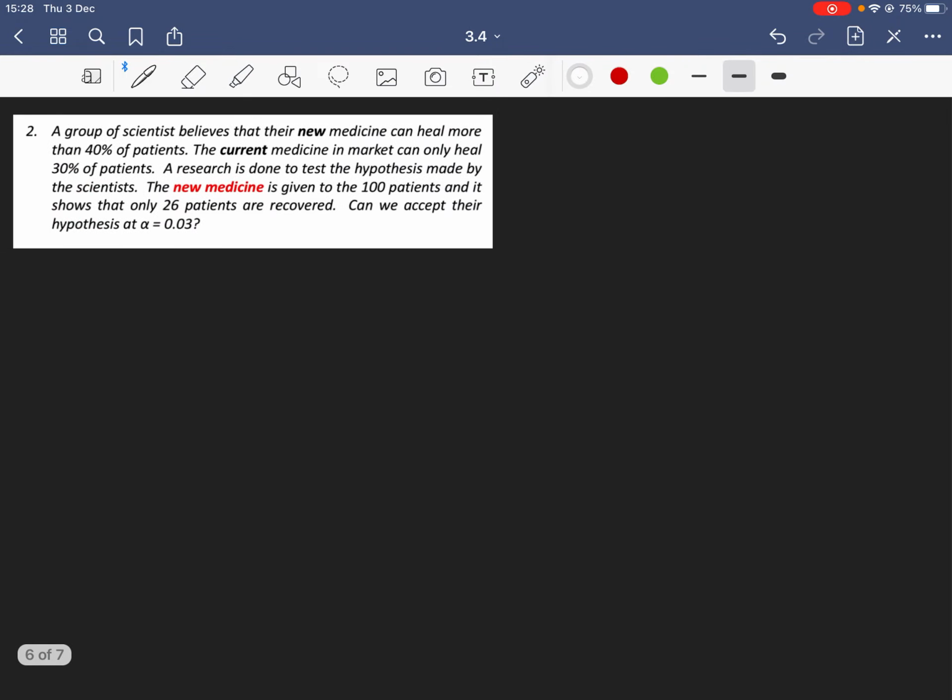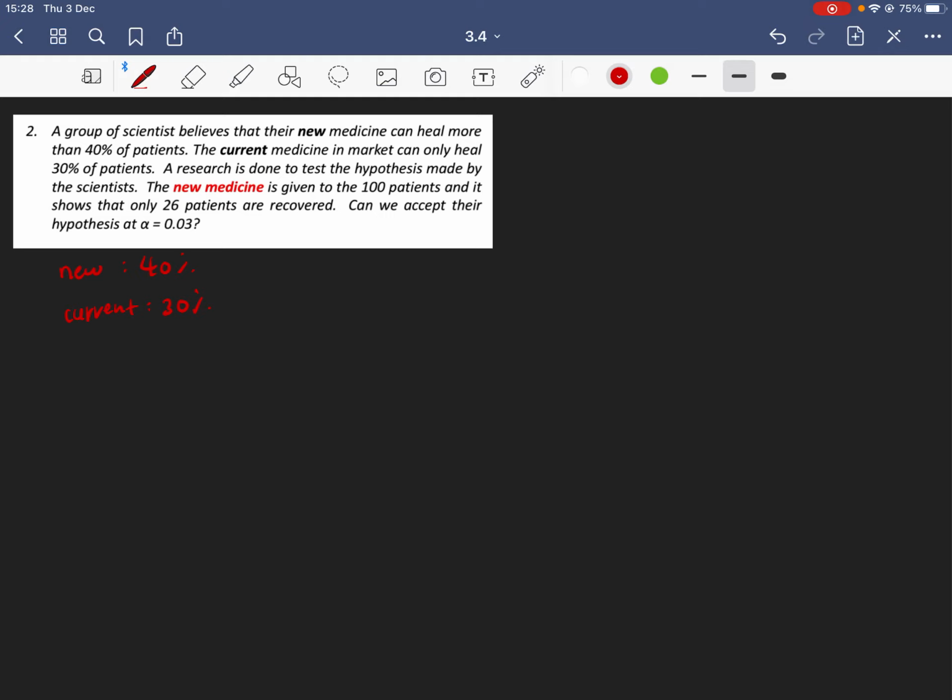Second exercise. A group of scientists believe that their new medicine can heal more than 40% of patients. So you have the new medicine at 40%. The current medicine in the market can only heal 30% of patients.